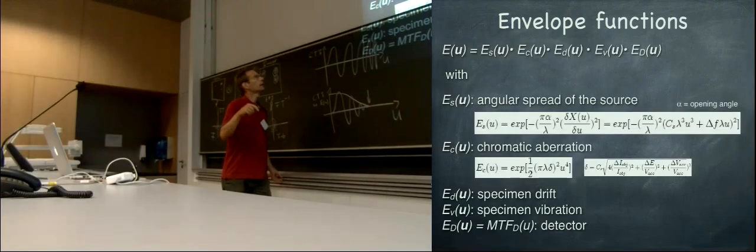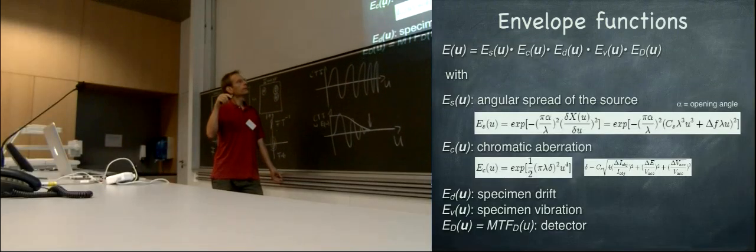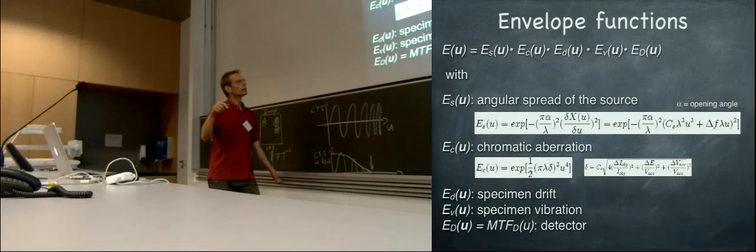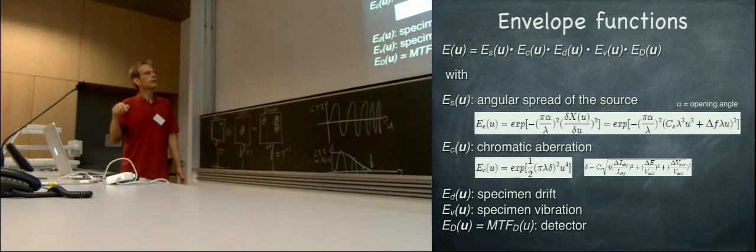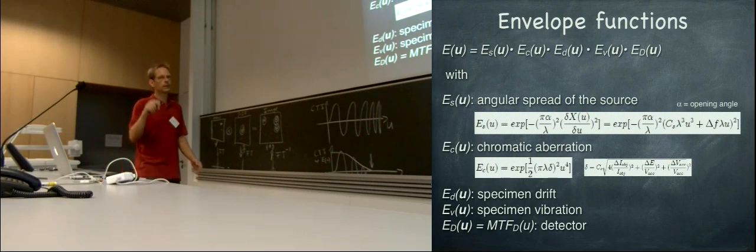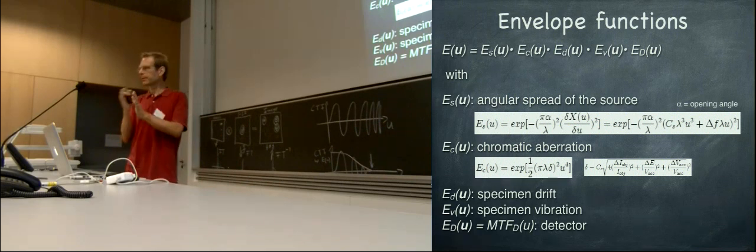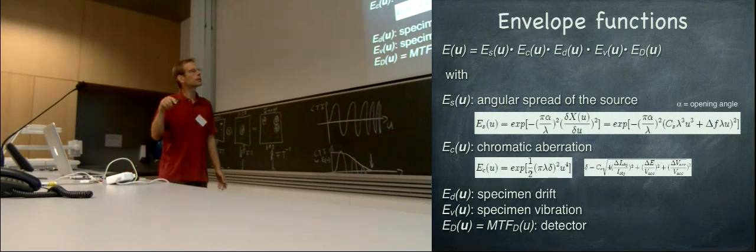Then we have a chromatic aberration envelope function, which describes how our electron gun is putting out electrons. Is it 300,000 electron volts plus minus 3? Or is it 300,000 electron volts plus minus 1 electron volt? You can have an energy filter in there, then it's even less, so 300,000 plus minus 0.2 electron volts or so.